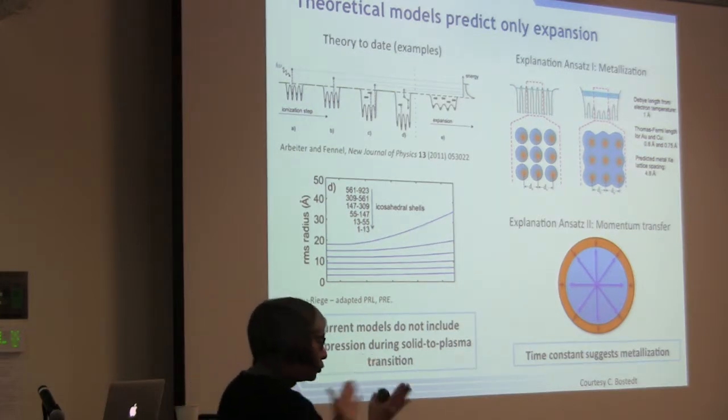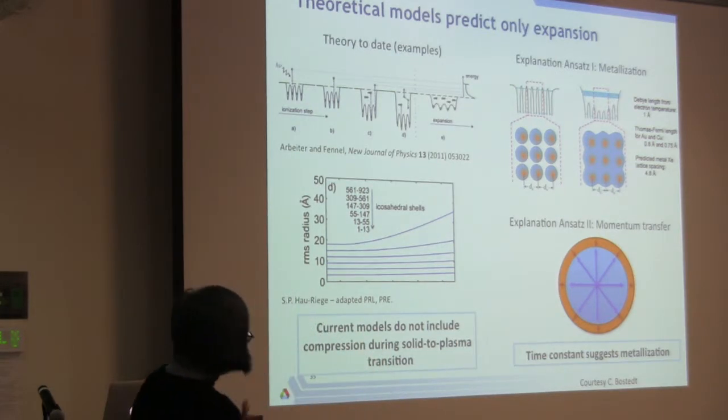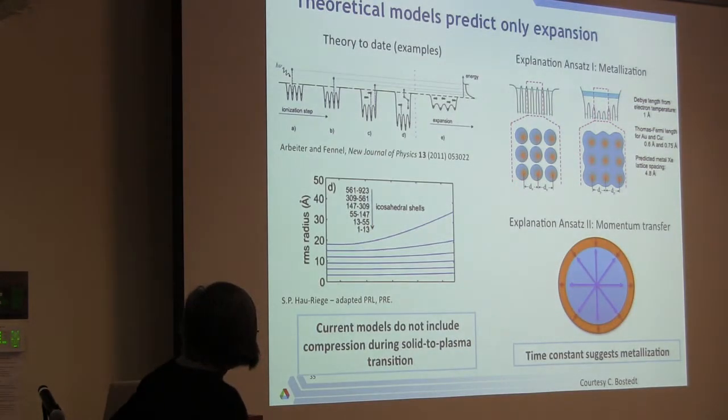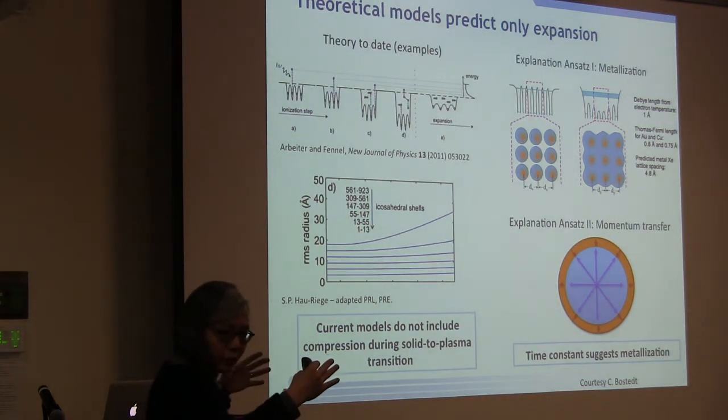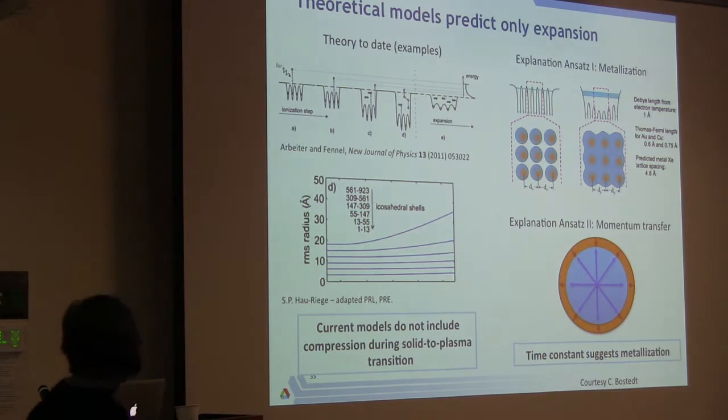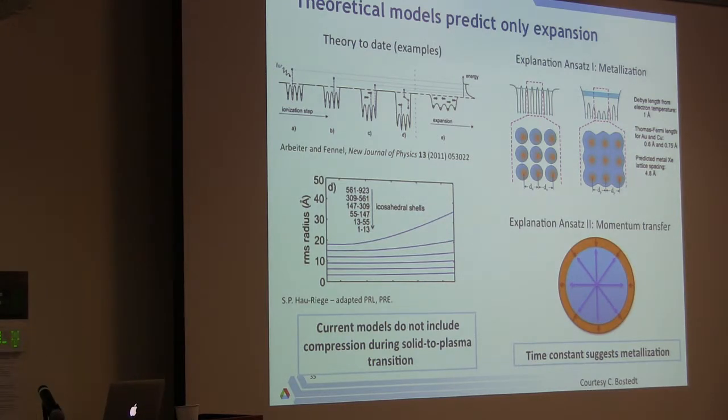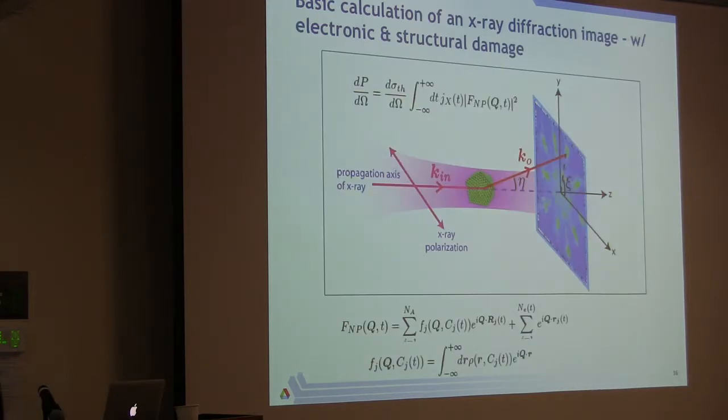It's a shorter bond distance. So it's something like that in this extended system. And there's another explanation about momentum transfer from the outer charged shell compressing the core. And who knows what's going to happen? Well, it's out for theory, and I gather there's some more experiments going on with this too.